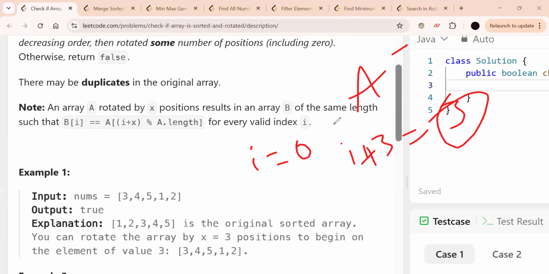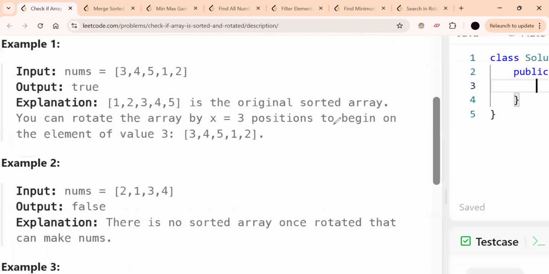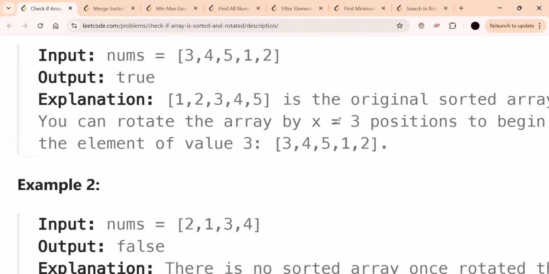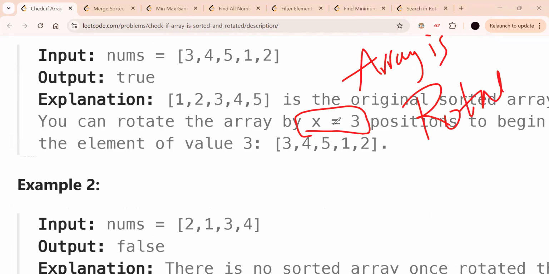So array of index 3 modulus length. Coming back to this one, guys, don't worry about this one. Very simple thing. Let me give you a very brief explanation. So here they are saying that X is 3, which means the array is rotated 3 times.